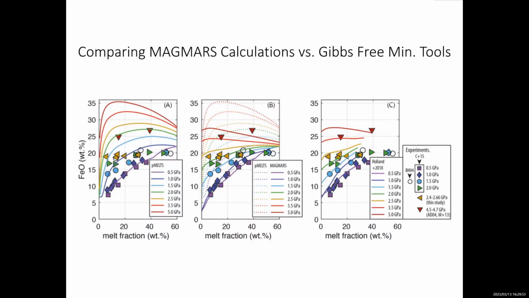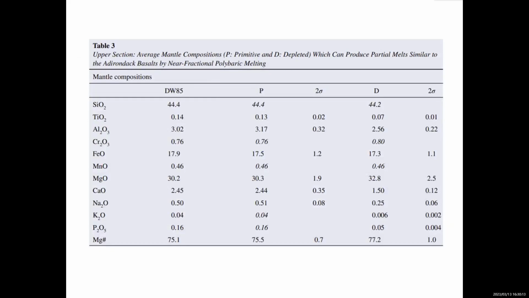And the solid curves fit the experimental results better. So they're trying to say that. But the reason for that, I think, is mainly the database. PMELTS depends on the previous experimental database, and for MAGMARS they consider a lot of the high FeO content samples that they have been working on.